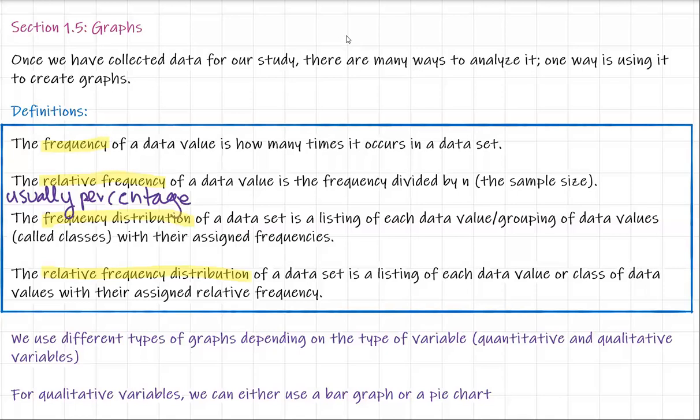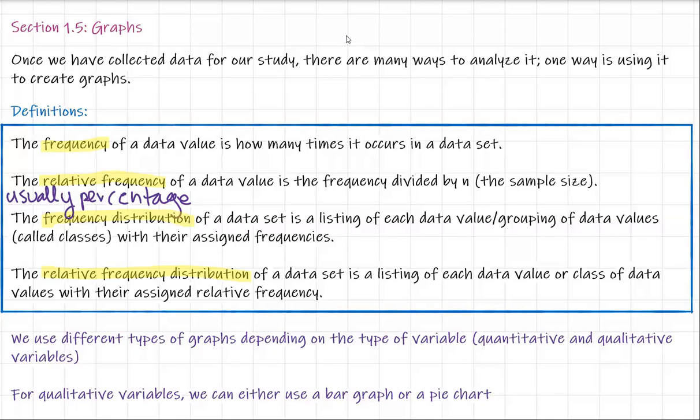Now, depending on the type of variable that we're using, so remember we either have quantitative or qualitative variables, and remember other names for those are numerical for quantitative and categorical for qualitative, we're going to use a different type of graph.